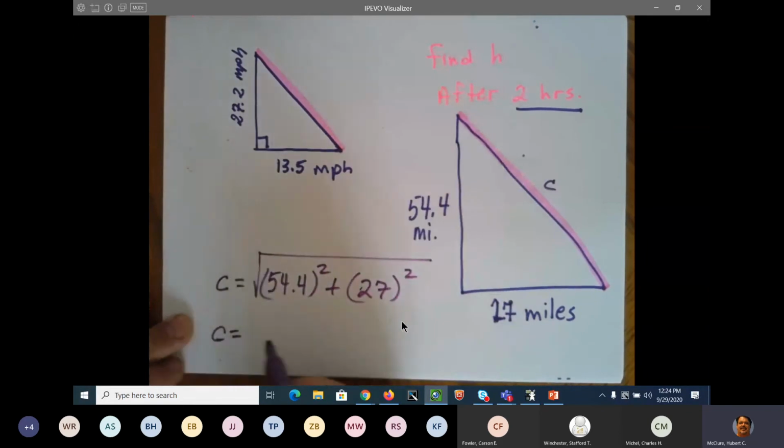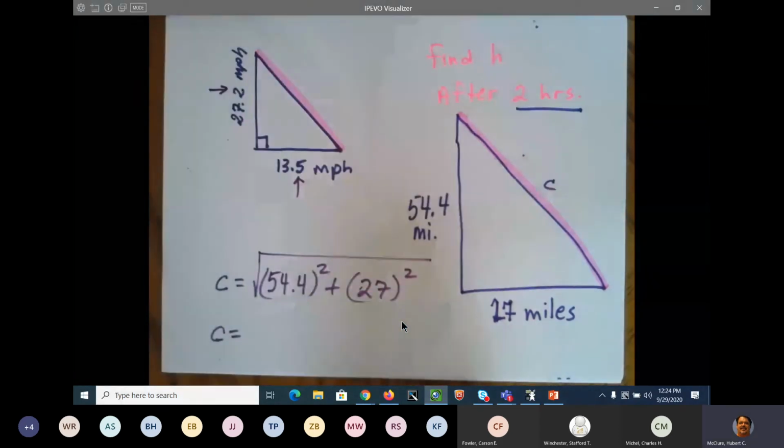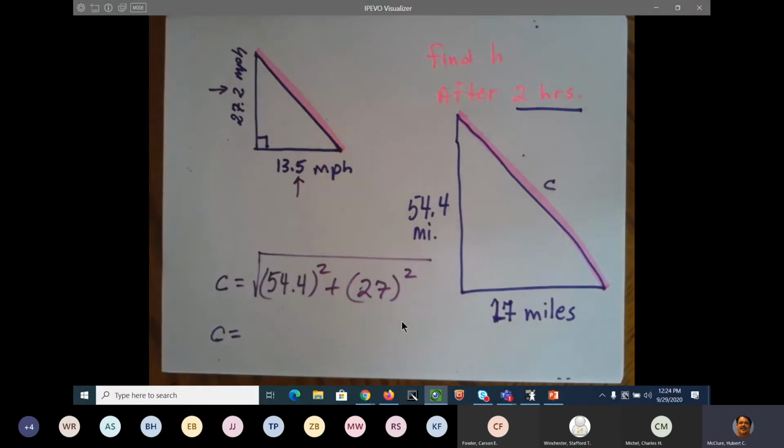Has somebody done that yet? Give me to the 10th, since these are to the 10th. Somebody give me to the 10th, please. 60.7. Everybody get 60.7?